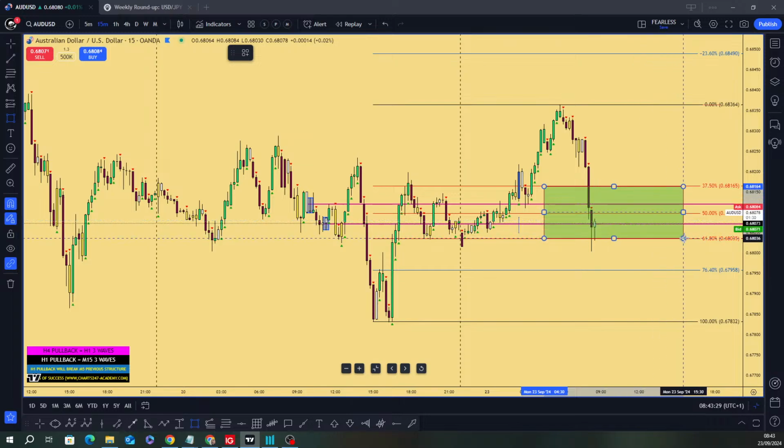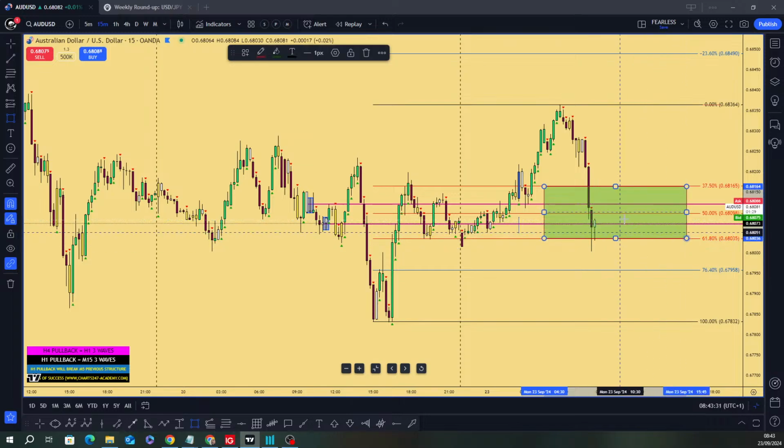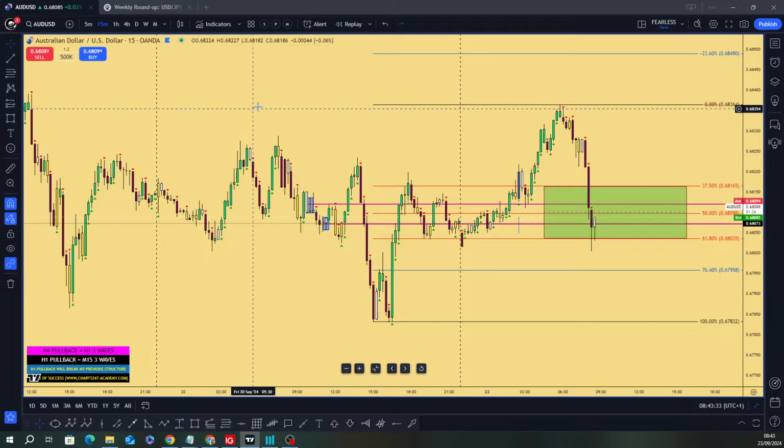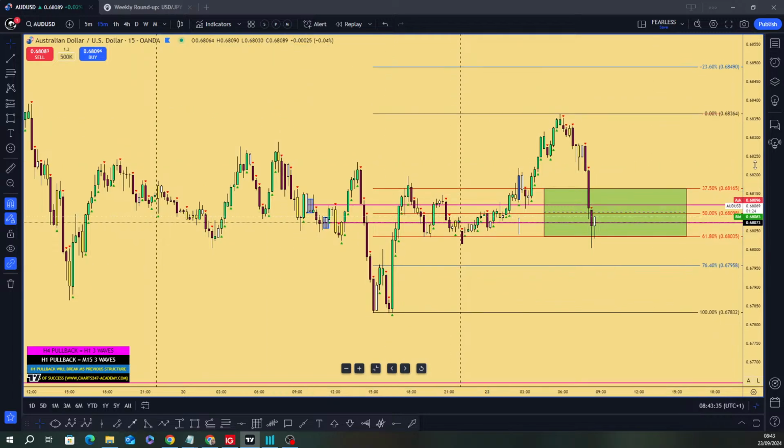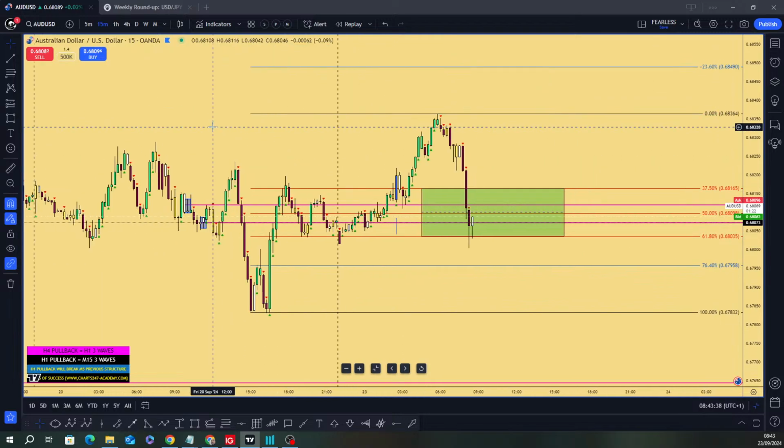So price has come into the buy zone, and this one is looking more of a ready-made pair, basically. Now we can see the price has been discounted into the buy zone.